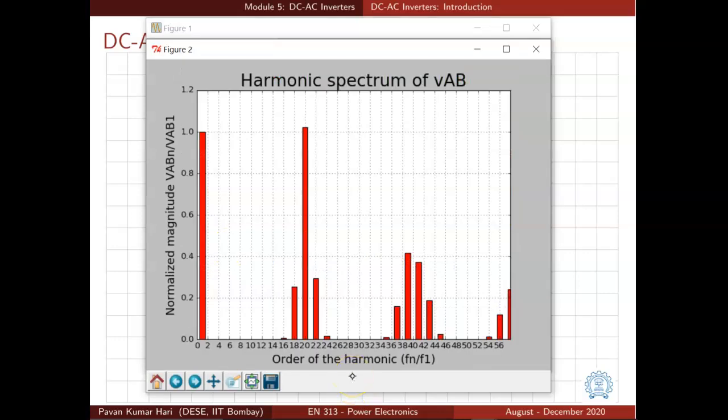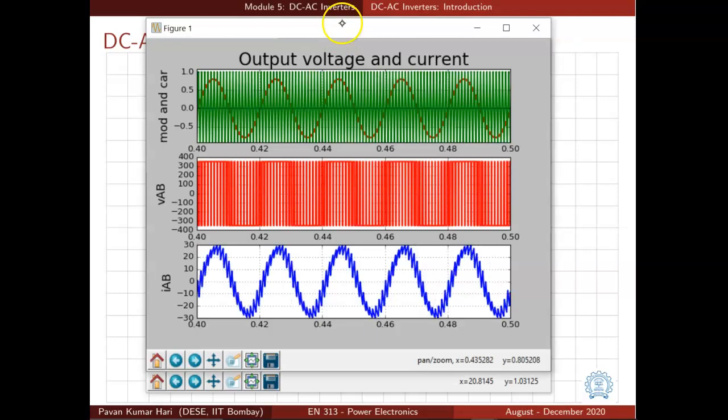See the harmonic spectrum of VAB, we have the first entry here at the frequency F1, and then the immediate entry is around the 20th order. Look at this. Even though the magnitude of the 20th harmonic is more than the fundamental, our current still looks sinusoidal and dominated by the fundamental component only.